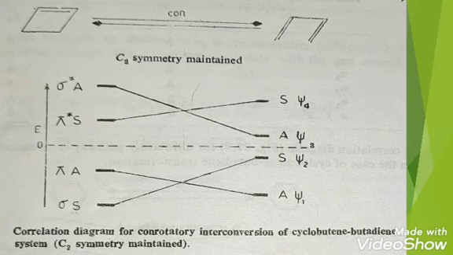Now construct the correlation diagram for conrotatory interconversion of cyclobutene to butadiene system. So apply the correlation diagram to conrotatory interconversion of cyclobutene to butadiene.